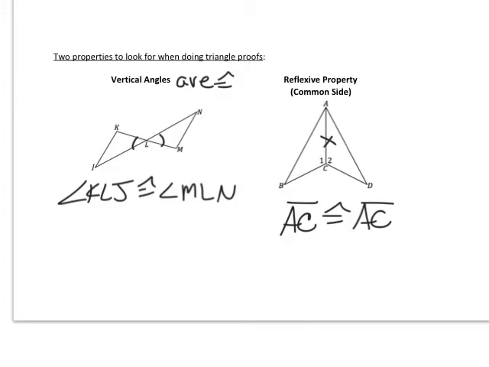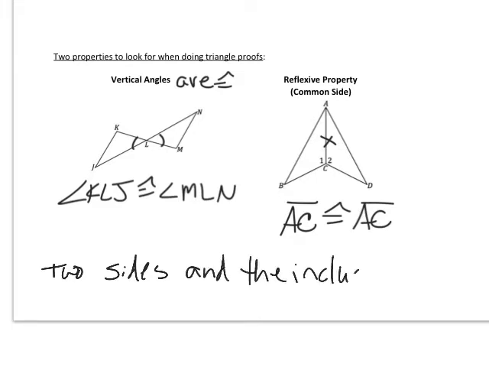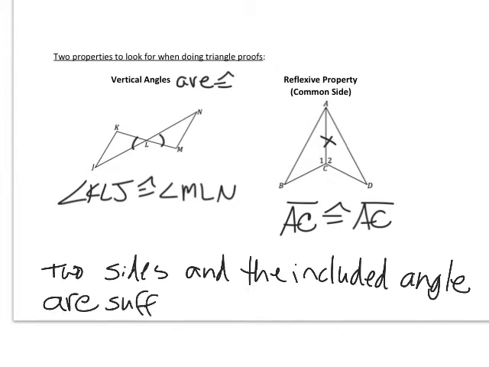So the triangle proof that we are working on today is the theorem that says two sides and the included angle, if I have two sides and the included angle congruent between two triangles, that is sufficient. Having that amount of information is sufficient to prove triangles congruent.